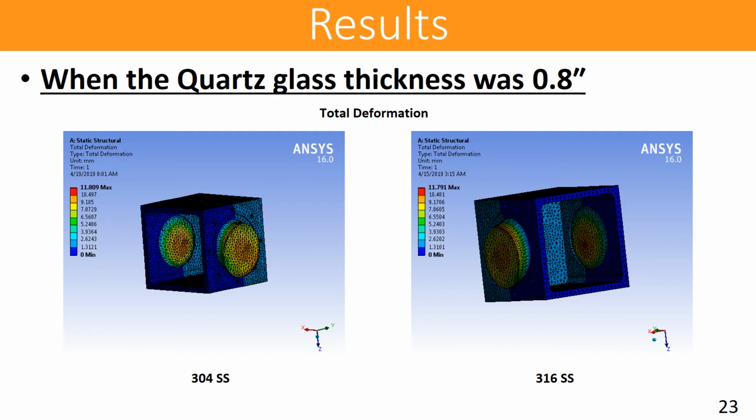As I was talking about the optimization of the glass thickness, for quartz glass thickness 0.8 inch, I also ran the simulations and got the data for total deformations for both cube blocks. For 304 stainless steel, the maximum deformation is 11.8 millimeter, and for 316 stainless steel, the maximum total deformation value is 11.79 millimeter.